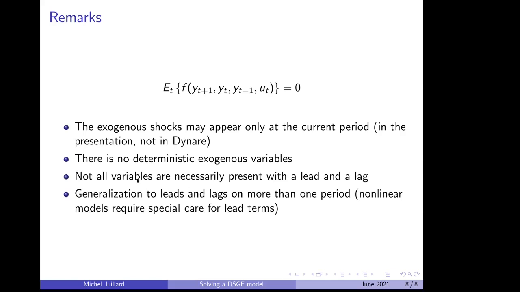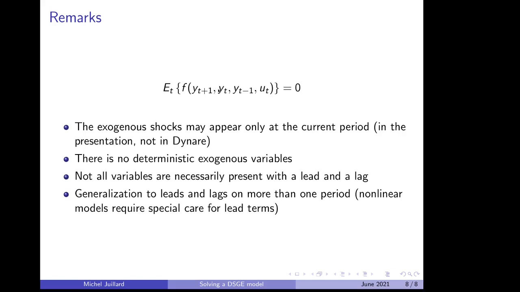Of course, in a given model, not all variables are necessarily present with a lead and a lag. So in practice, the size of the vector yt plus 1 that is used in the model, or the size of the vector yt minus 1 which is used in the model, is in general smaller than the vector yt.